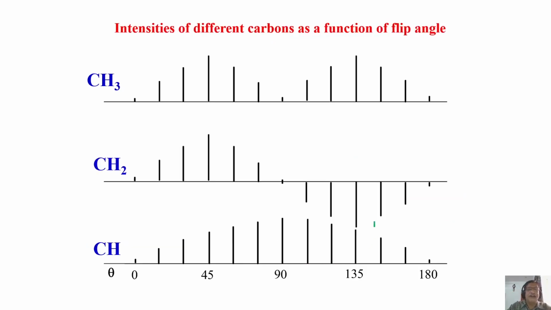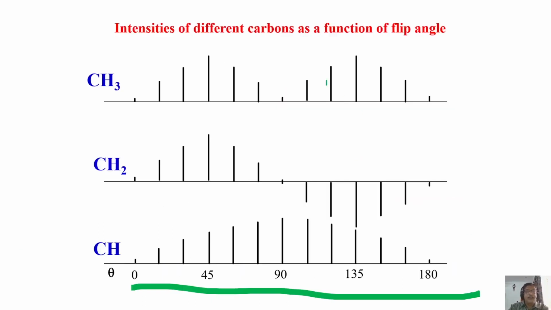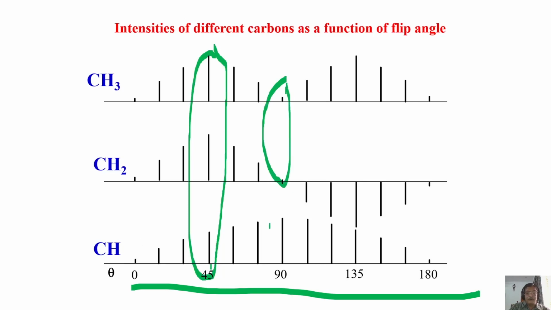So what people have done, let's see, this is a comparison of the intensity of different carbons as a function of flip angle theta, flip angle of this last pulse. When it is done, you see intensity keeps going like this. And this is the place where theta is equal to 45 degree, all the 3 signals are positive. When theta is equal to 90 degree flip angle, these two are practically 0, you get only CH peak.